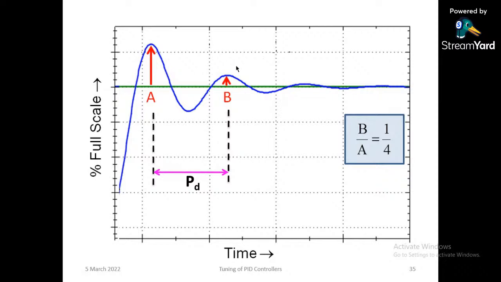Once you achieve that, you can see here, this is A and let this value is B. So vary the value of Kp such that the ratio B upon A will be equal to 1/4. कळत आहे?